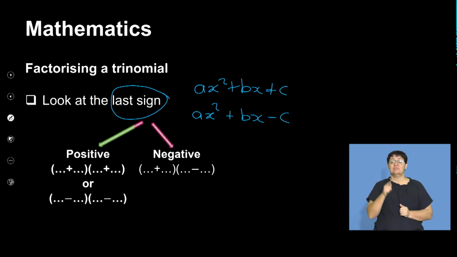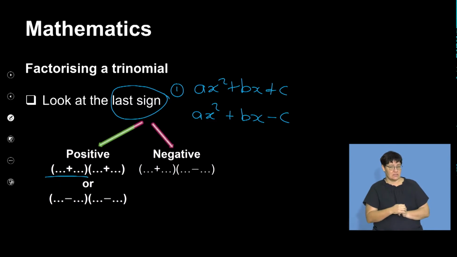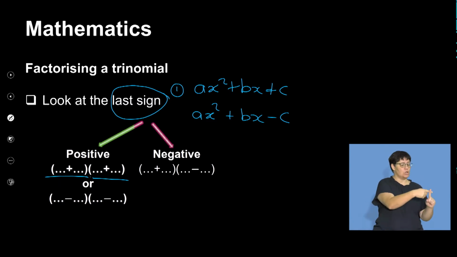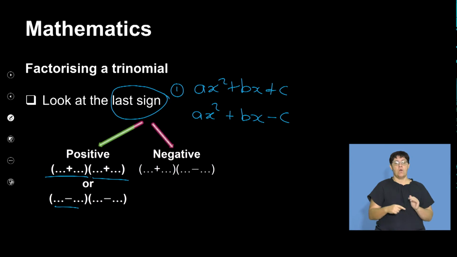That's the sign you look at, and that's the sign that's going to inform you what nature your brackets are going to be. If the last term is a positive, as in my first example, it means that my two brackets can either be positive and positive or negative and negative.